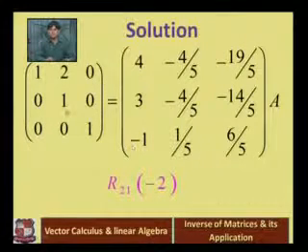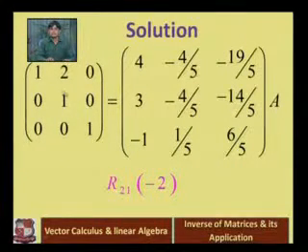The resultant matrix is [1 2 0; 0 1 0; 0 0 1]. Simultaneously the changes are made in the other matrix.